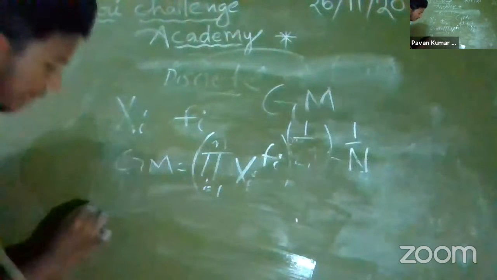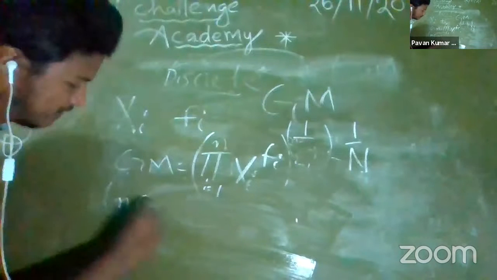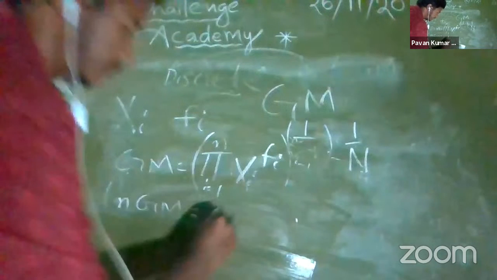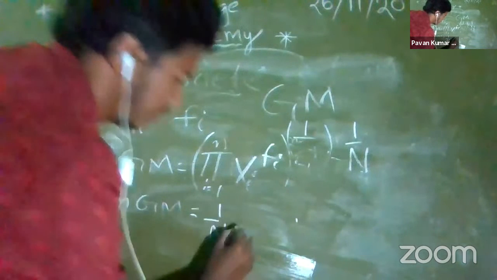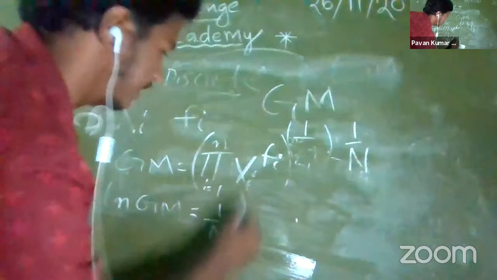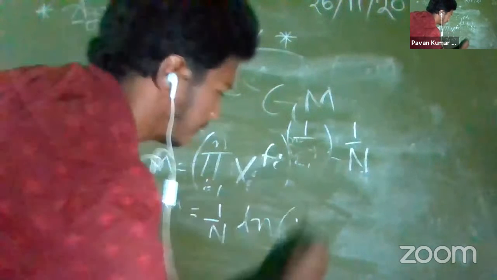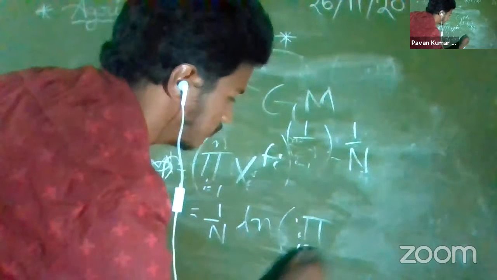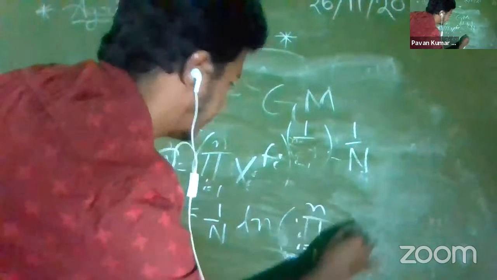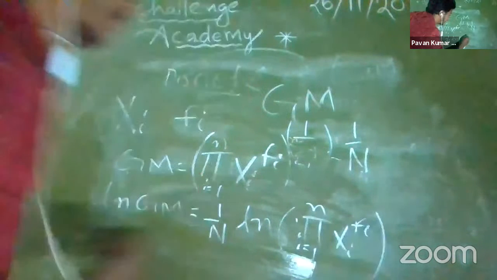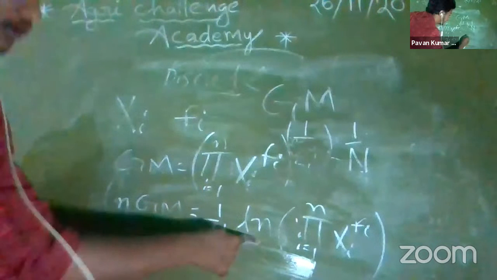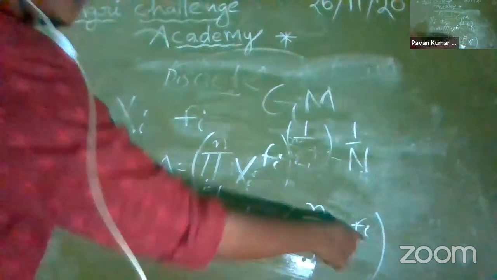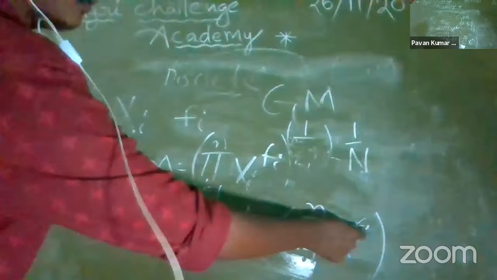Apply ln: ln gm equals 1 by n summation, 1 by n ln of the product, i equals 1 to n, of xi raised to fi.